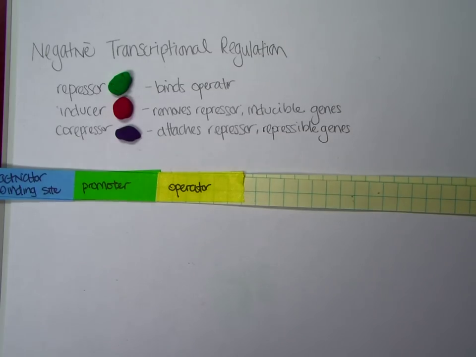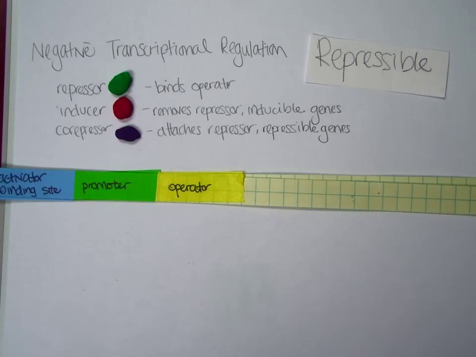All right, the second type of gene is the repressible gene. Repressible genes encode anabolic enzymes. So these enzymes are typically going to be made. These genes will normally be expressed until the amount of these enzymes has been stockpiled to such an extent that we have plenty of the enzyme product and we no longer need to transcribe this gene.